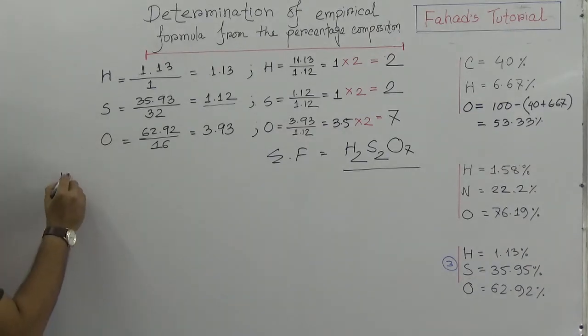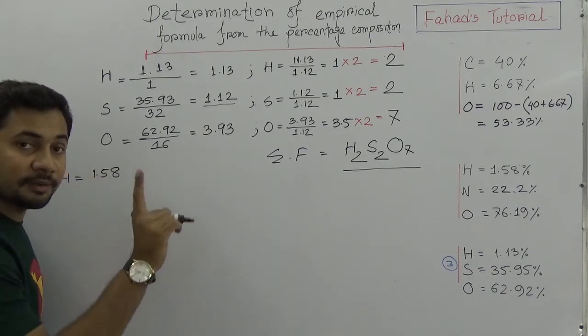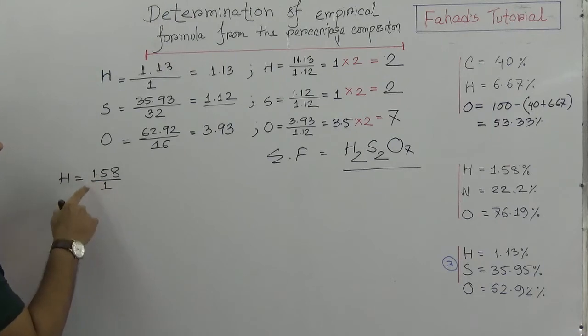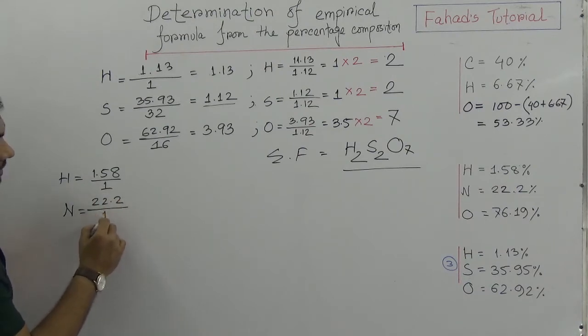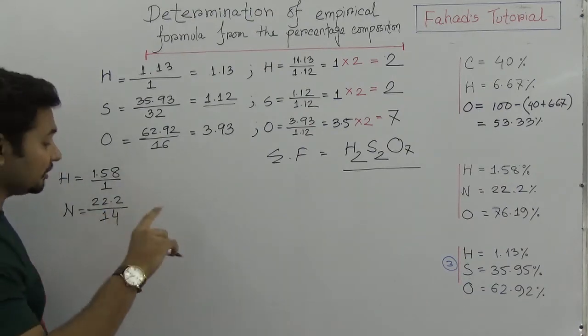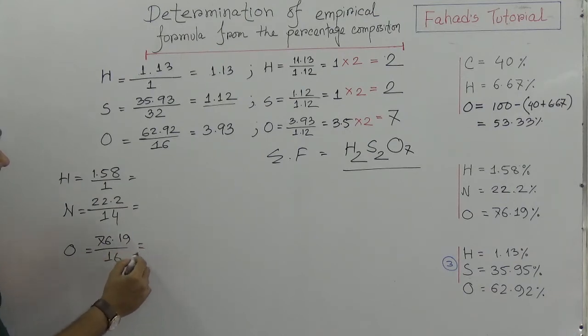So hydrogen is 1.58, so I should divide it by 1, as the atomic mass of hydrogen is 1. In case of nitrogen, 22.2, I should divide it by 14, as it's the atomic mass of nitrogen. And oxygen is 76.19 divided by 16. Let's do it.